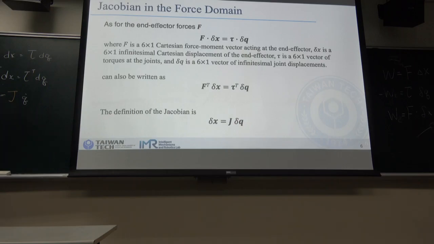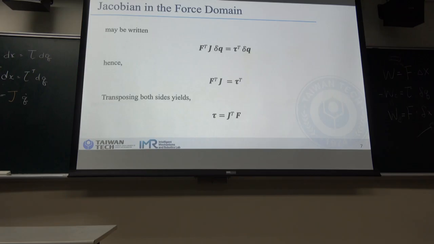And for a very, very small amount of time, if delta t towards 0, we can say that J delta Q equal to delta X. Because we know velocity times time will be equal to the displacement.